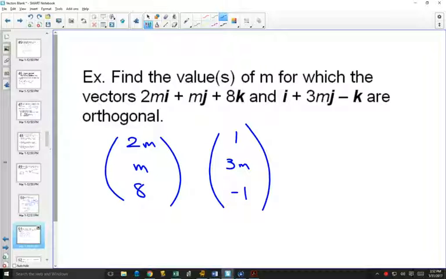We want to find all the values of m so that these 2 vectors are perpendicular. If they're perpendicular or orthogonal, that means the dot product, or scalar product, is going to equal 0.